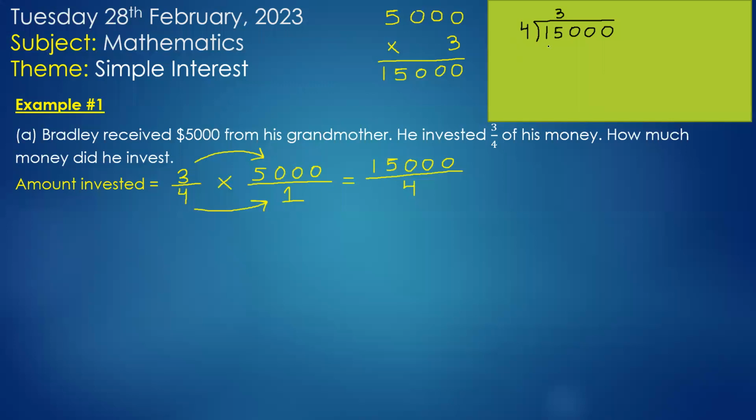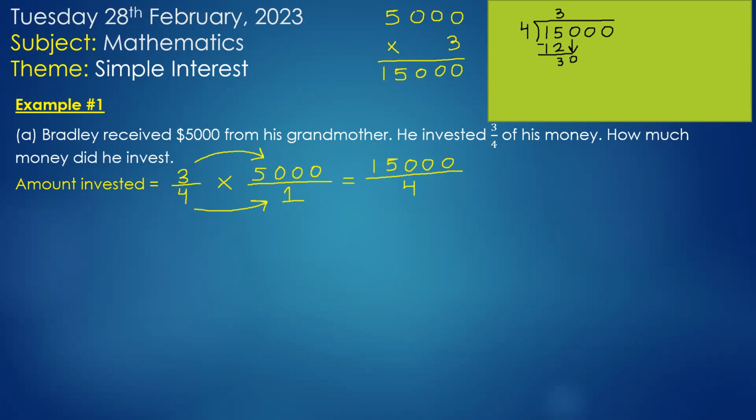4 times 3 is 12. 15 minus 12, 5 minus 2 is 3. We bring down the 0.